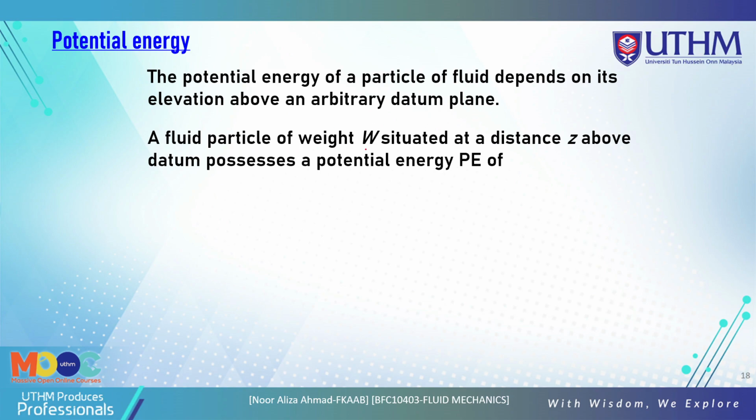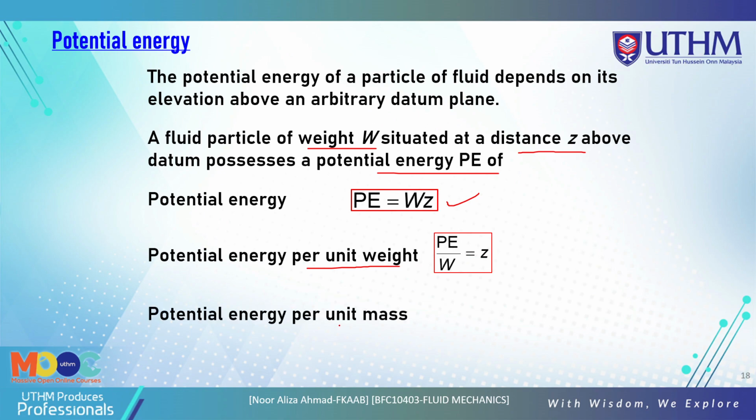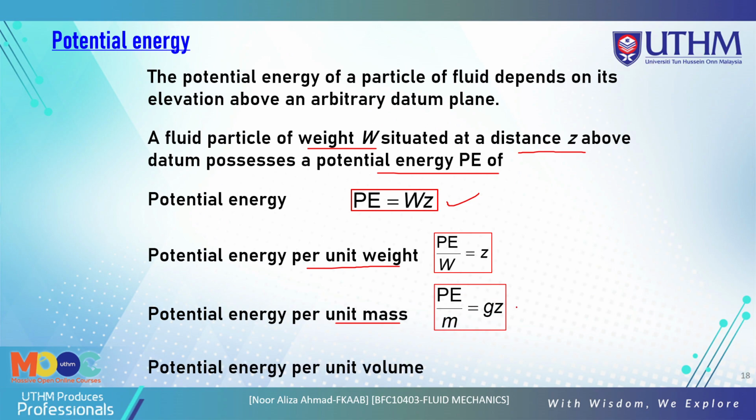A fluid particle of weight W is located at the distance Z above the datum, and possesses a potential energy PE equal to W times Z. The potential energy per unit weight is equal to Z. Potential energy per unit mass is PE divided by the mass, so we get gravity times Z, and potential energy per unit volume is PE divided by the volume, which is equal to density times g times Z. So this is per unit weight, per unit mass, and per unit volume.